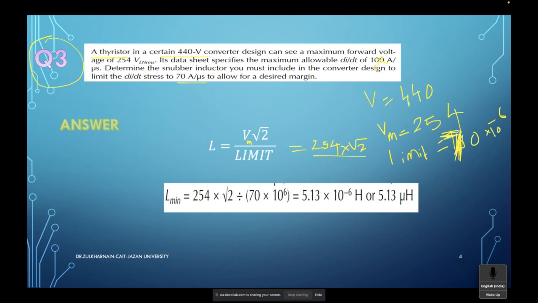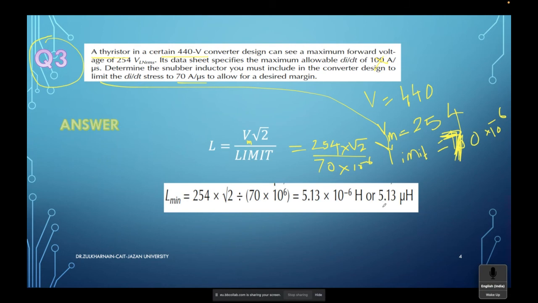So remember, the limit is basically the stress the device is designed to limit. So this limit is this one. So 70 into 10 to the power of minus 6. If you work this out, you will be able to get this value.